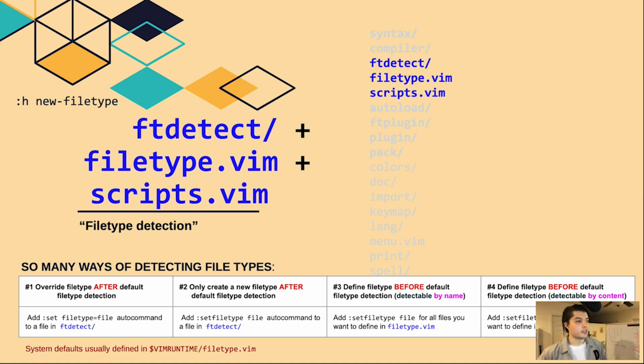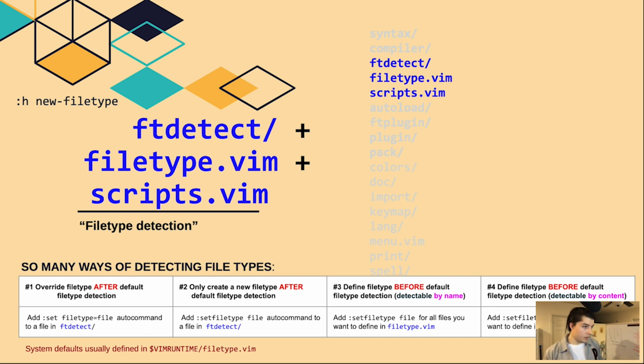The first way is you override the file type after the default detection. So you know how there's a system vim runtime? Well, that's always going to be executed first if you use this first method. And then based on whatever gets executed in the system runtime, you can choose to override that by creating an auto command in a file in a folder called ftdetect with this set filetype equals file option.